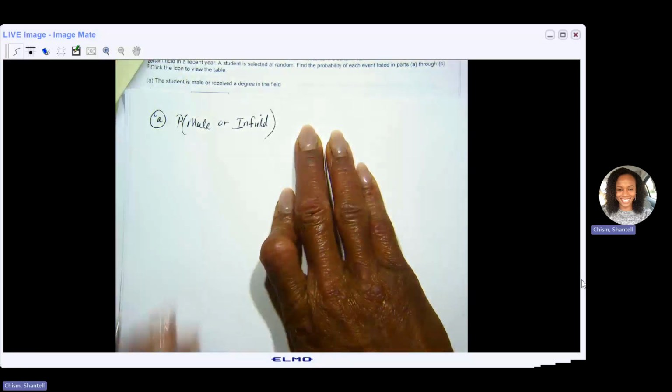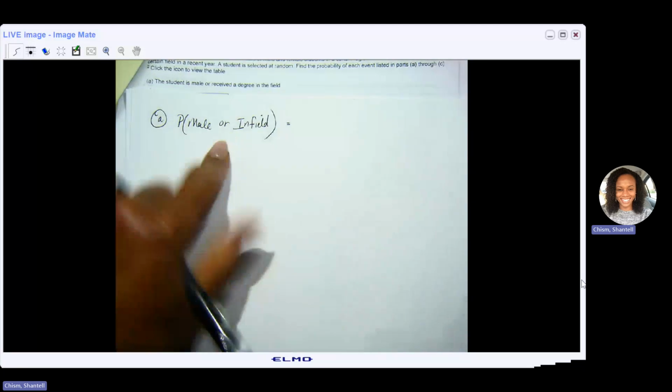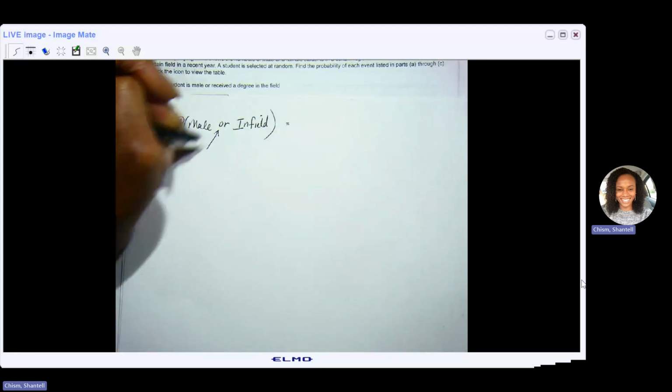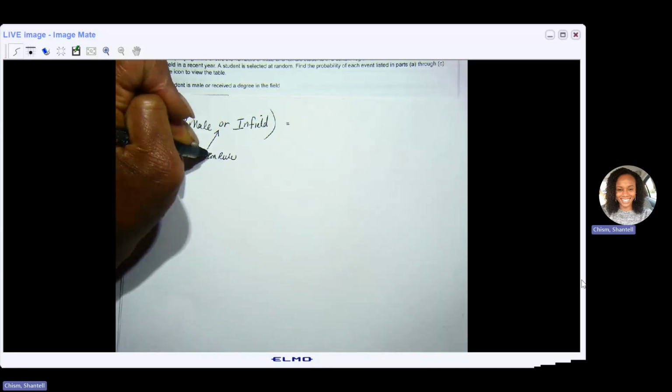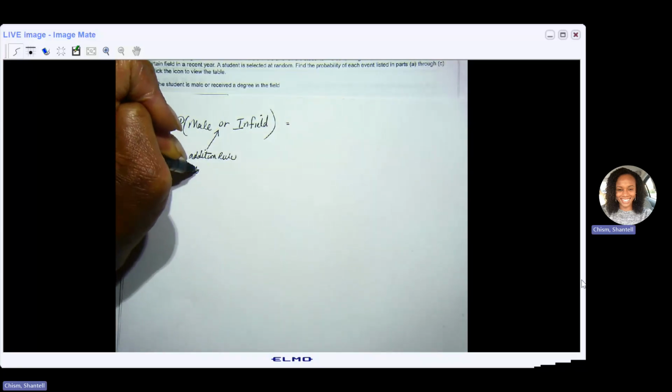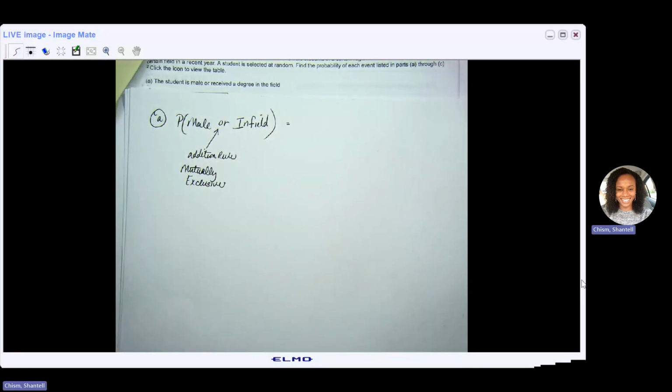So I'm going to put male or in-field. Now, when I see the word or, I recognize it is the addition rule. So I have to determine, are these events mutually exclusive or not?